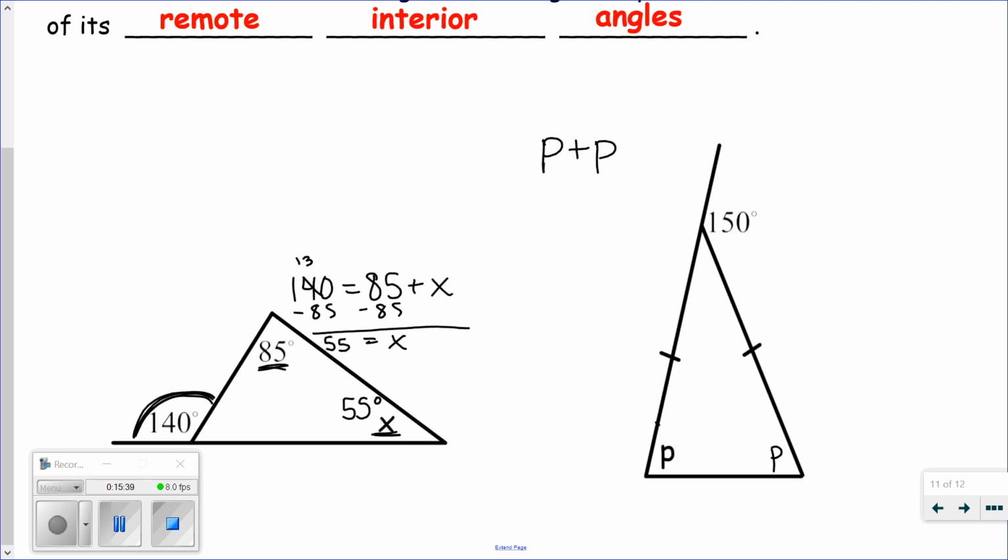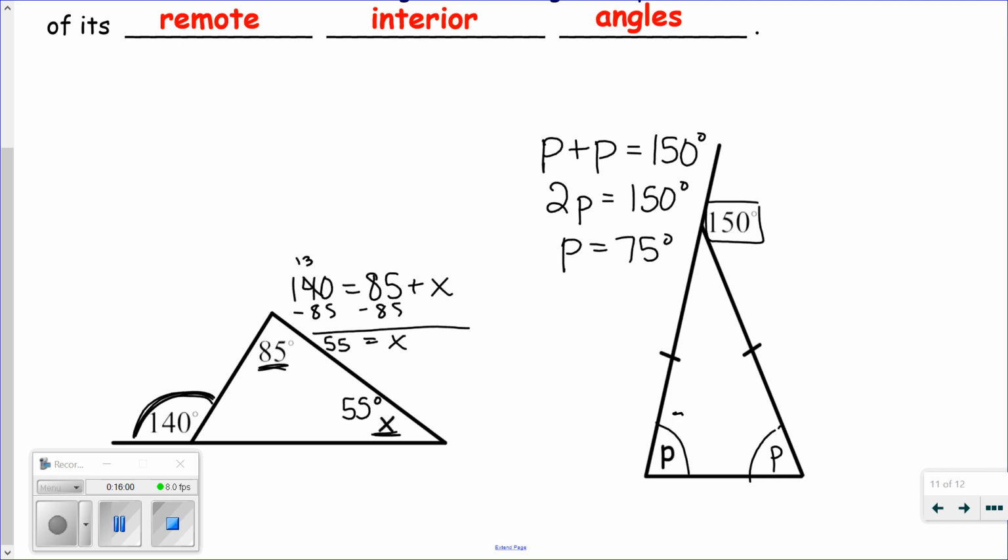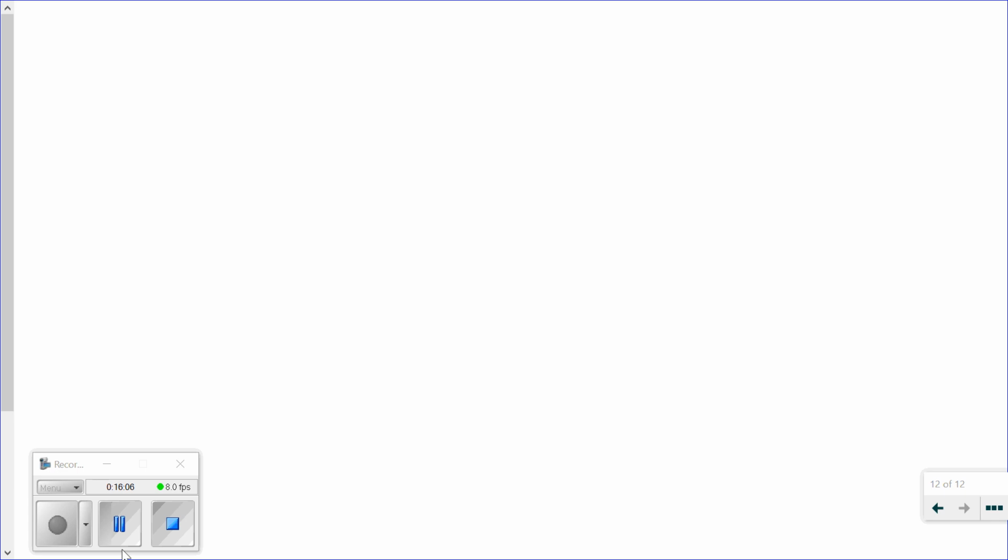Those remote interior angles, the sum of those, are going to be equal to that exterior angle. So those two angles together must equal 150 degrees. In other words, 2p equals 150. And if I divide 150 by 2, I'm going to get 75 degrees. So I know that each of those angles is 75 degrees. And today we are going to stop there.